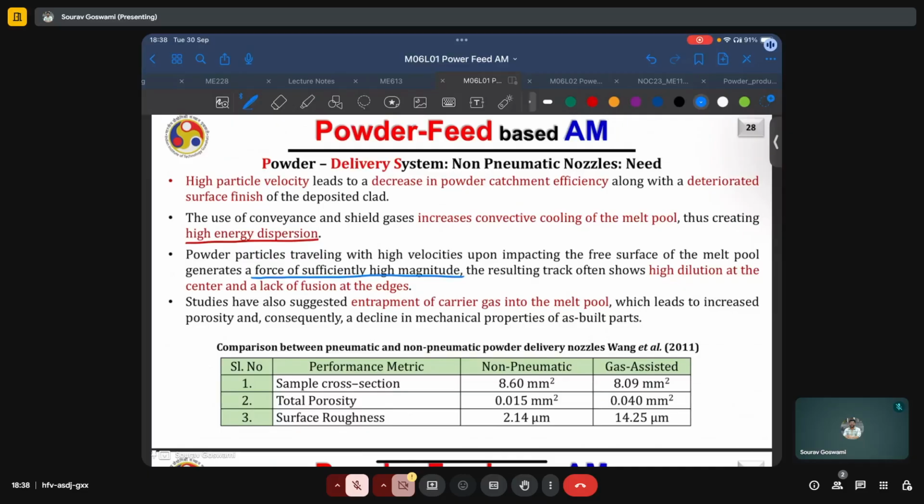And this is because, as we discussed I think last week, the solubility of gases in molten metals is much higher than the solubility of gases in solid metal. That is why while the metals are still molten inside the melt pool, they tend to dissolve or take up gases. However, once the energy source has moved away and the metal starts to solidify, because of the decreasing solubility of this gas in the now solid metal, they are liberated.